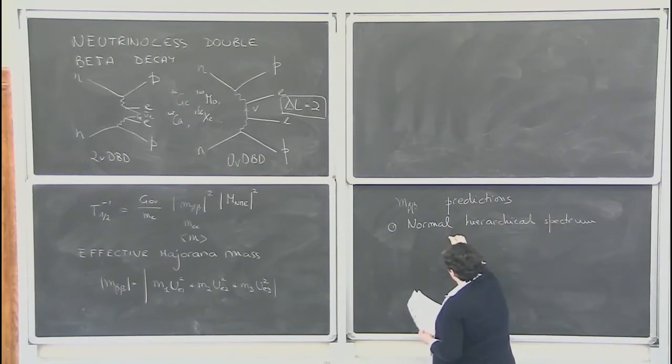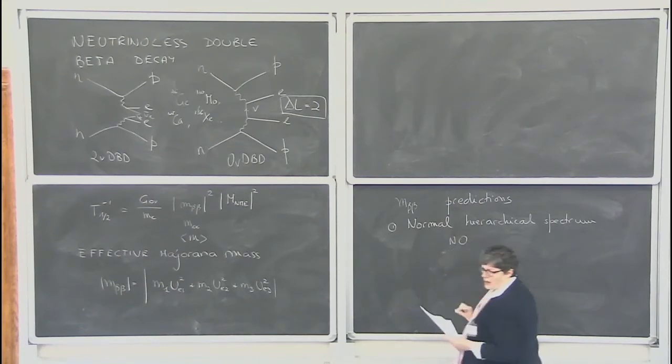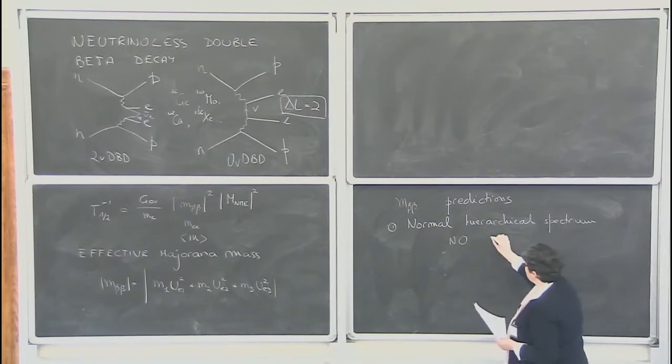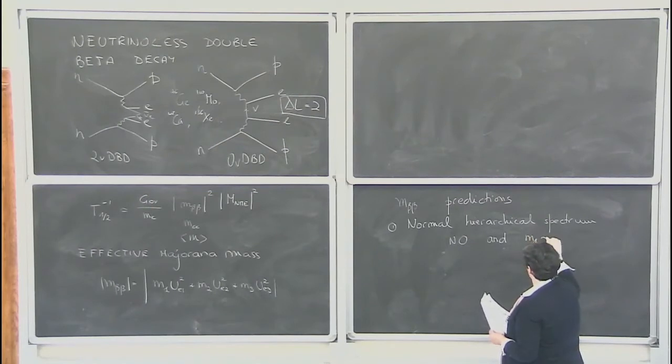Which means I have normal ordering, so M1 smaller than M2 smaller than M3, but in addition to that, I have that the smallest mass is negligible.